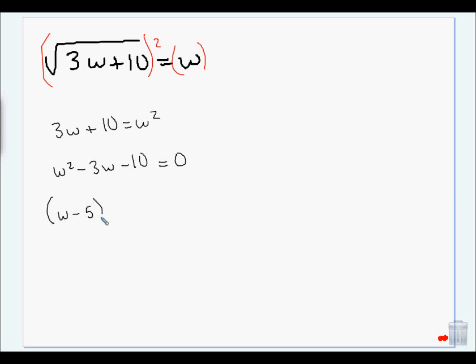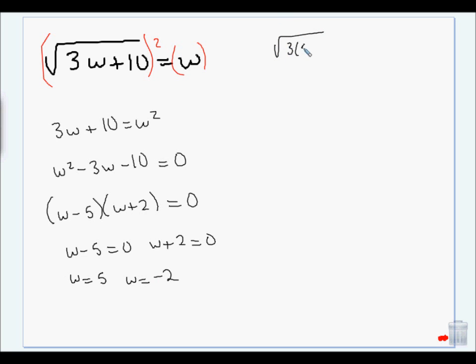Factor this. So I get w is equal to 5, or w is equal to negative 2. Well, I can already tell that's going to work, because 15 plus 10 is 25, so that's good.